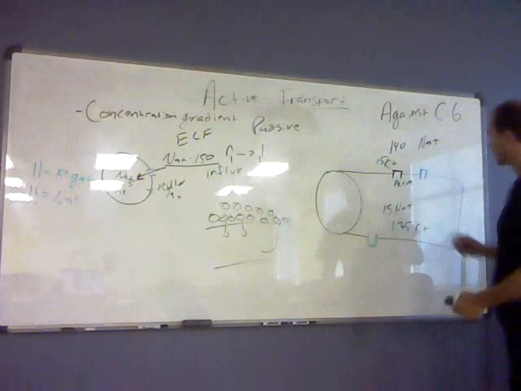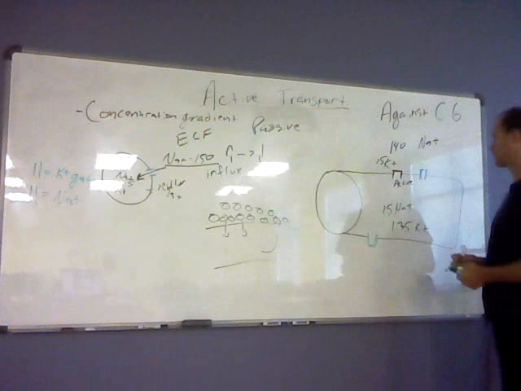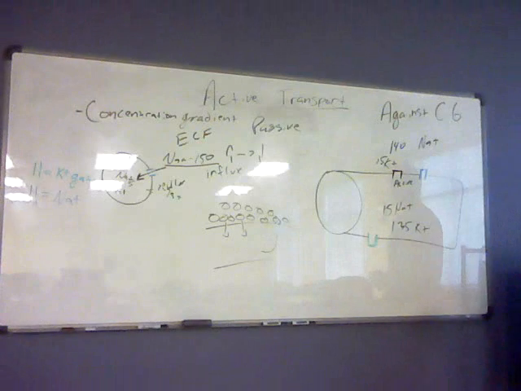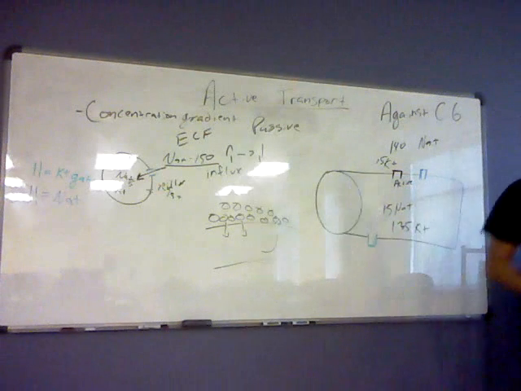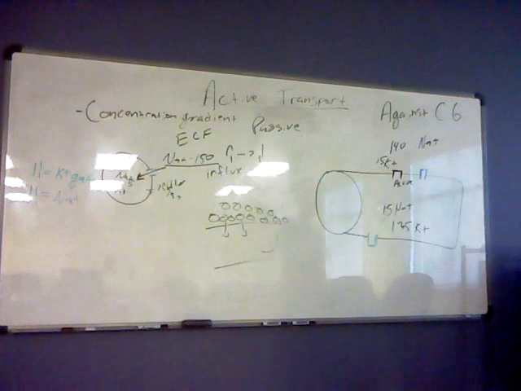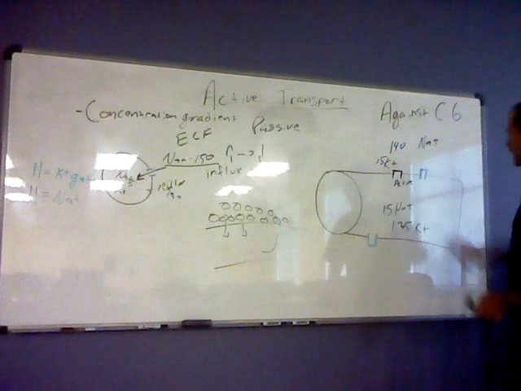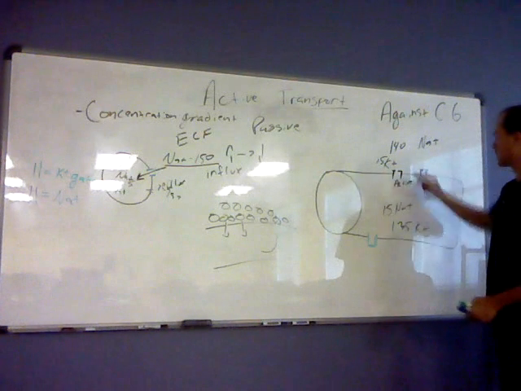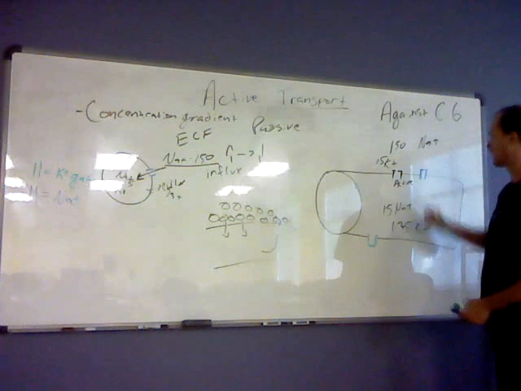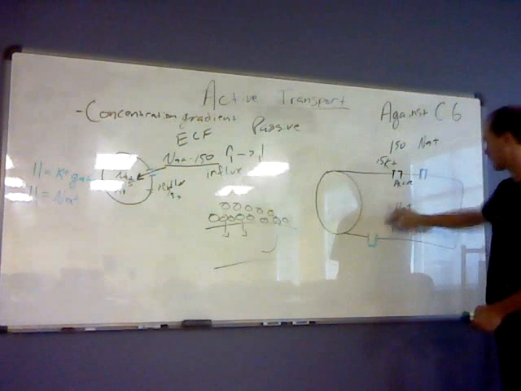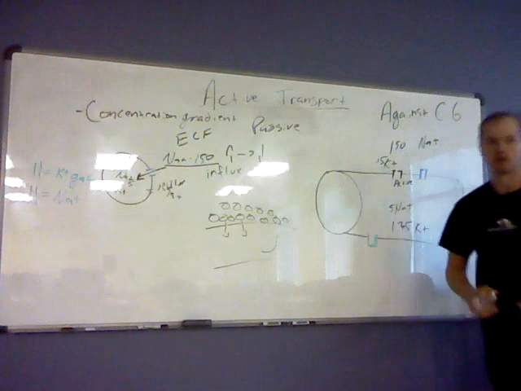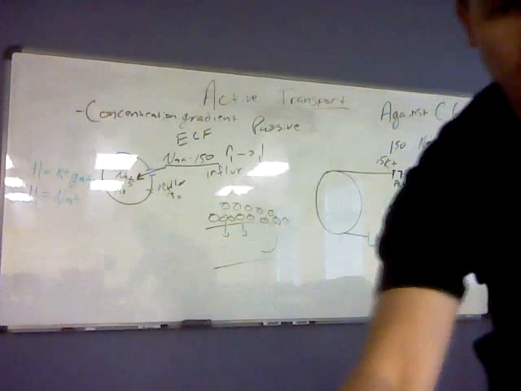You know that by the natural laws, when it comes to the movement of molecules or water or atoms, they move with the concentration gradient. So in order to pump sodium back out to restore the number back to 150 on the outside and the number back to 5 on the inside, that's going to require energy.